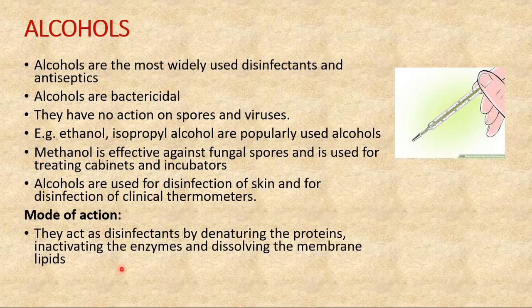If it is a gram-negative bacteria, it contains the lipid membrane that is going to be dissolved. So obviously this can enter inside the cell, denaturing its proteins and inactivating the enzymes. So that's how that bacteria is going to die. This is how alcohols have the bactericidal effect.